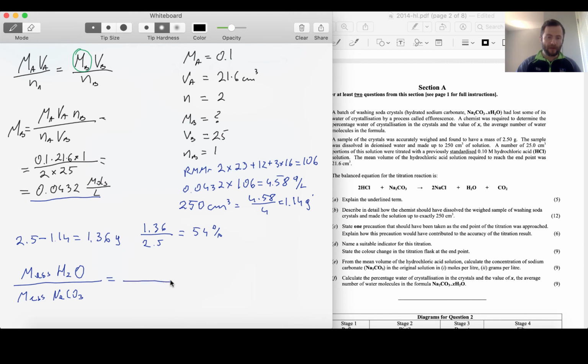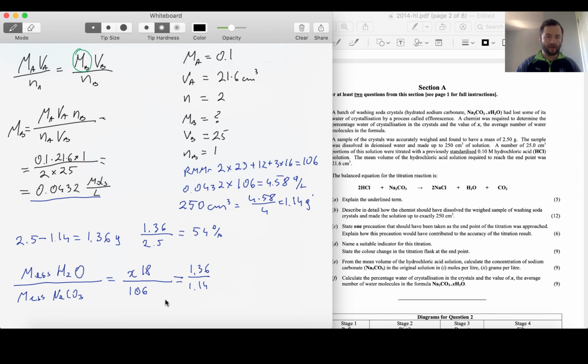So below the line I'm going to write down 106 for sodium carbonate, and above the line I'm going to write down X for the number of molecules of water times 18, which is the relative molecular mass of a molecule of water, and that's going to be equal to 1.36 grams of water over 1.14 grams of sodium carbonate.